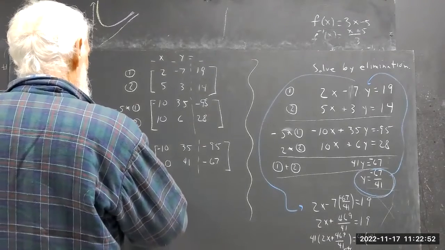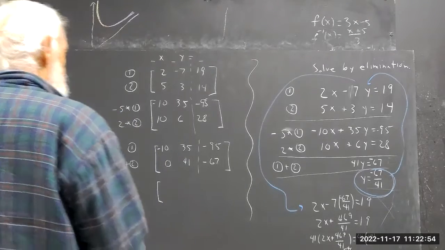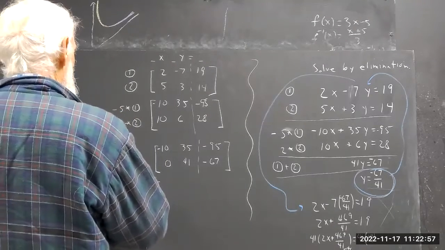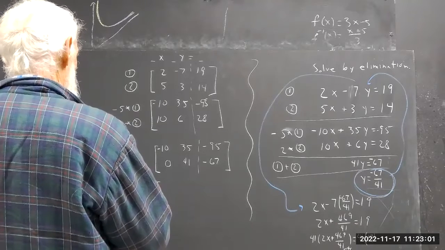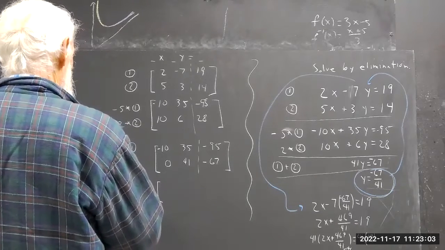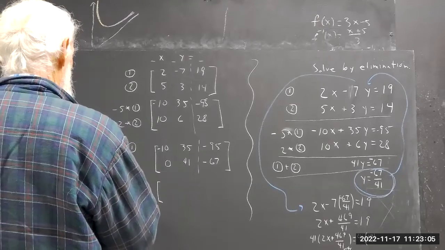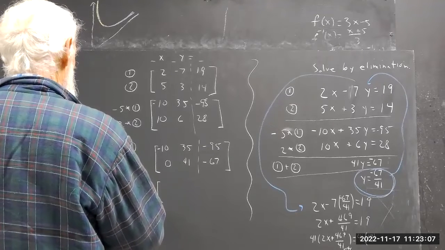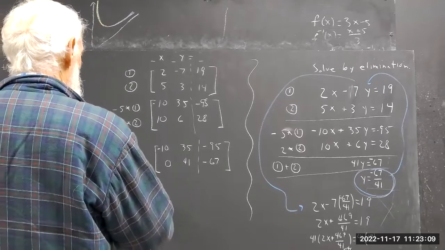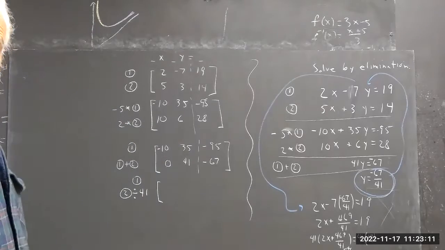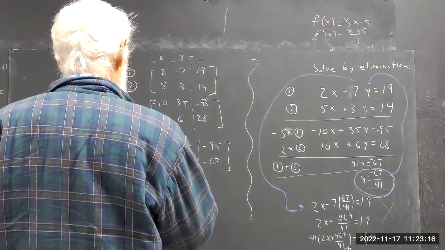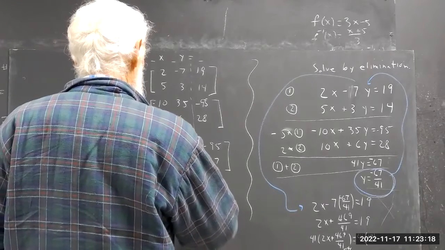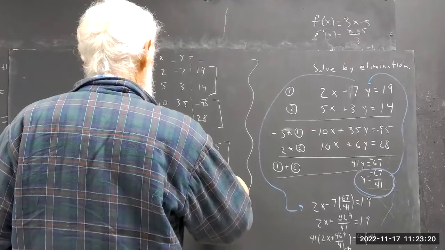Okay. Then what I do is I repeat row 1 and I do row 2 divided by 41. I get this.